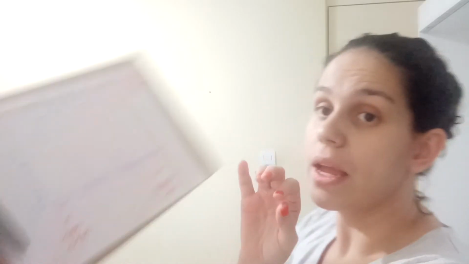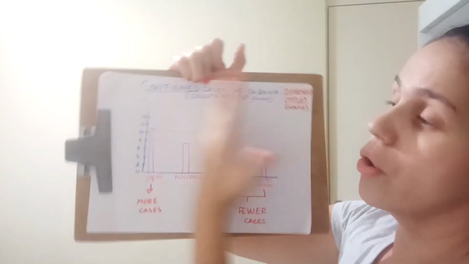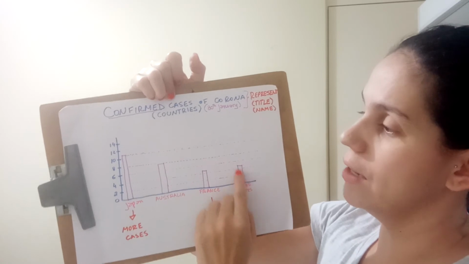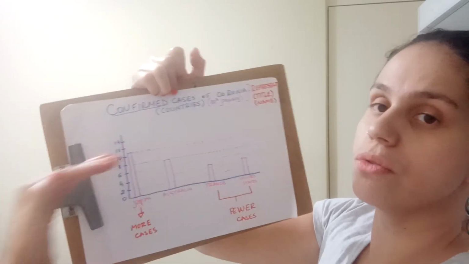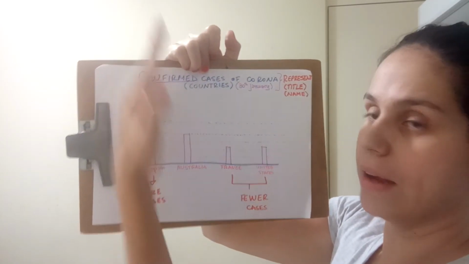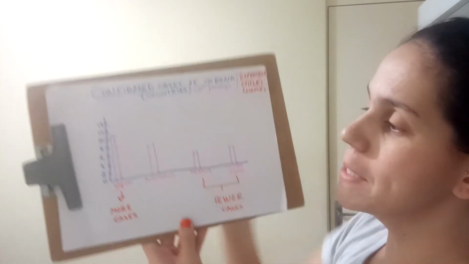So how do we do the graph? We need to collect data. We need to study and then organize. We draw the lines, horizontal lines and vertical lines. Yes?